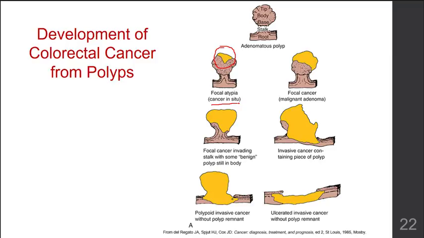And eventually it can invade, and you can see that over time you're getting worsening of the amount of atypical cells. And what you can also see is that over time the polyp is really overtaken by the cancer. You can see it disappearing. So at the end here we have this ulcerated invasive cancer without any polyp remnant.